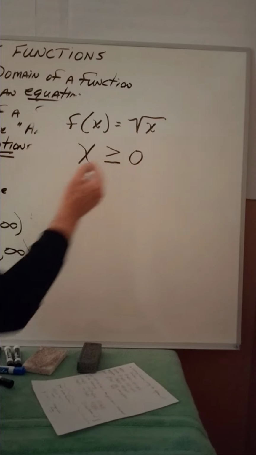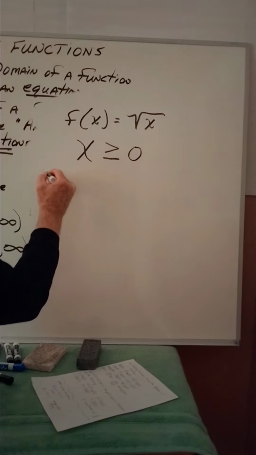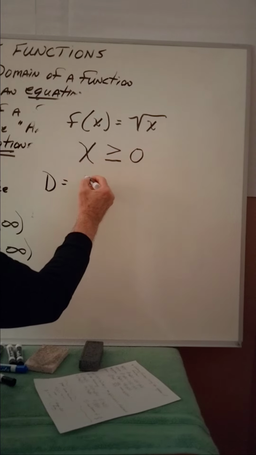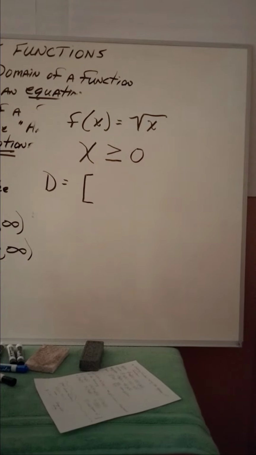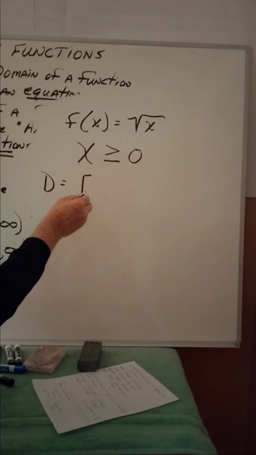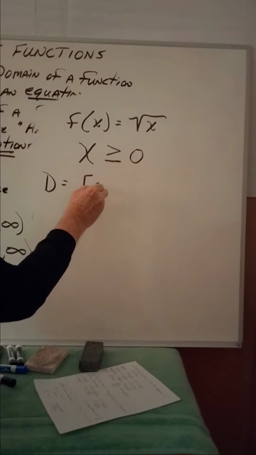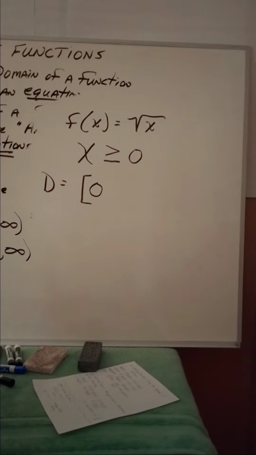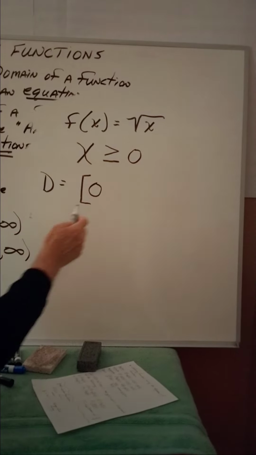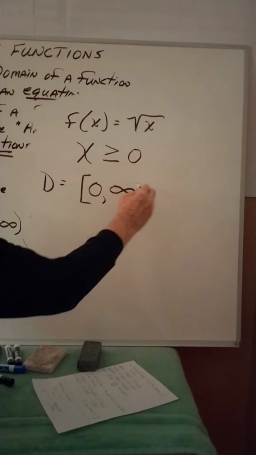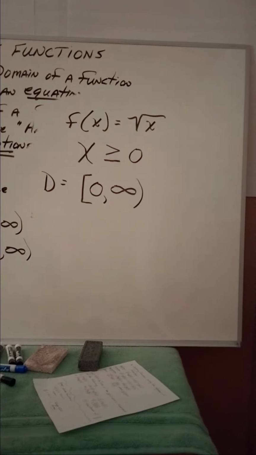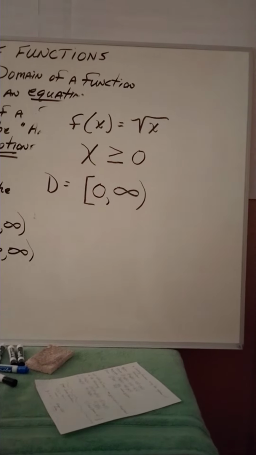Now, to show the interval notation, the domain, you would not begin with a parenthesis, you would begin with a bracket. The smallest value of the domain is 0. It counts. Put 0 in there. The square root of 0 is 0. It's defined. Put a comma and a positive infinity, and that gets a parenthesis, and that would be the domain of that. That is excluding negatives.